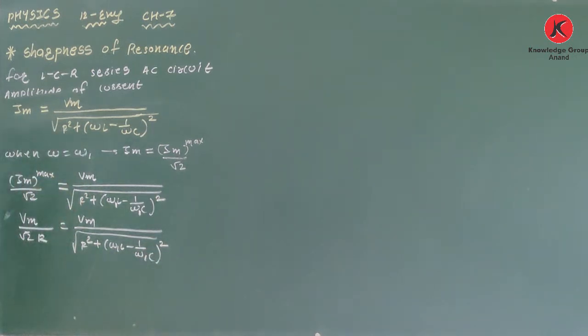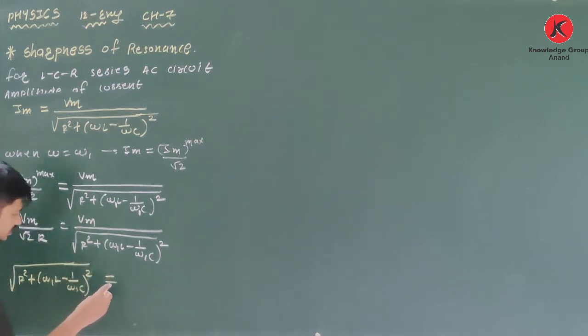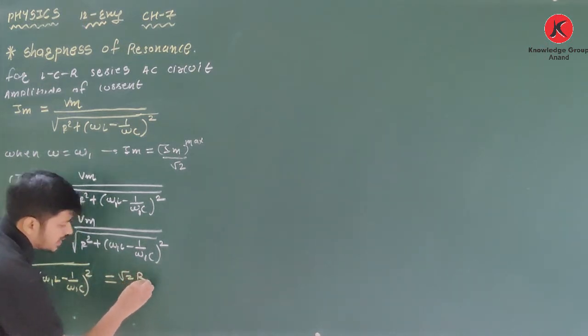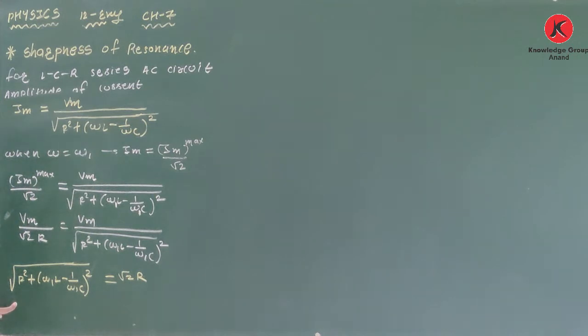Now we have to compare these two equations. Vm upon this is equal to Vm upon this. So I can compare: under root R square plus omega 1L minus 1 upon omega 1C whole square is equal to root 2 R. Now take square on both sides.